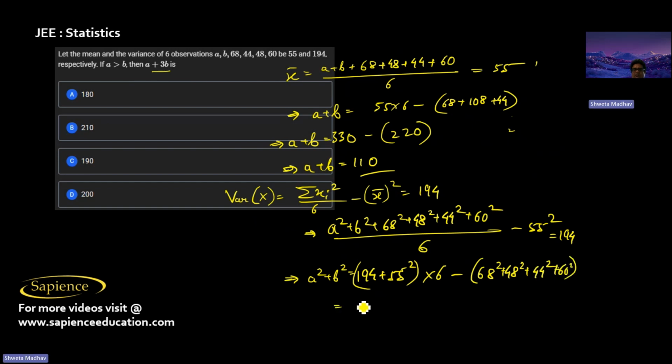So this will be equal to... A plus 3B value we have to find out. For variance, we can do it like this. Variance of x is equal to summation xi minus x bar whole square by n.